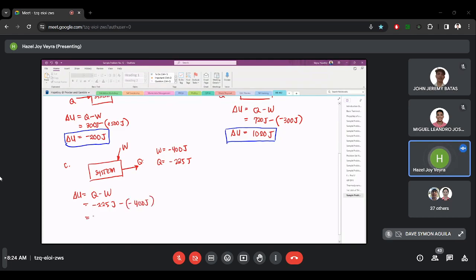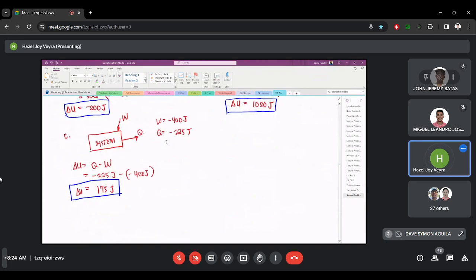This is equal to 175 joules. Yun si internal energy, and that's how we assess yung exchange ng heat and work doon sa system.